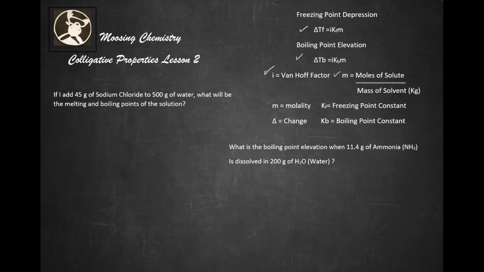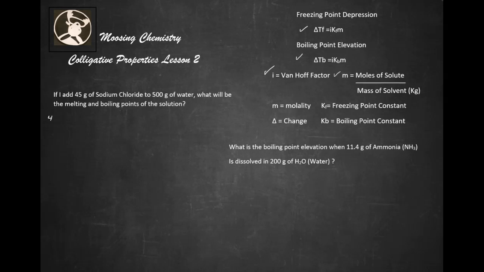The first problem actually has two parts to it. If I have 45 grams of sodium chloride and 500 grams of water, what will be the melting and boiling points of the solution? Well, first of all, we have to turn 45 grams of sodium chloride into moles of sodium chloride before we can do this.